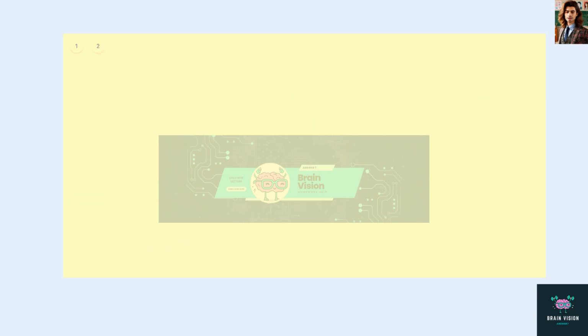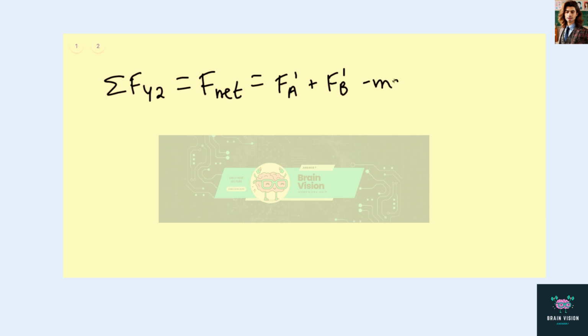And then we can say that sigma F of y2, so 2 simply denotes the second scenario that we've drawn, is going to equal F net. And this is going to equal F A prime plus F B prime minus mg.